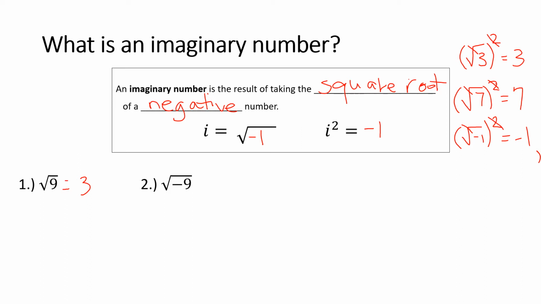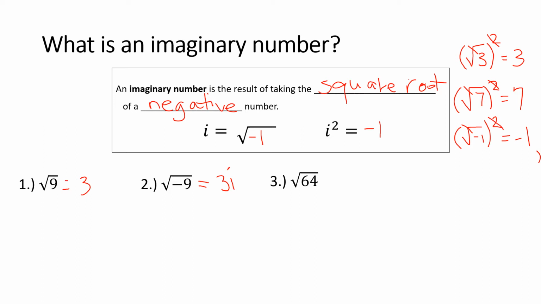It can't be -3 either because -3 squared is also +9. So here the square root of -9 would be an imaginary 3. We say 3i. There's no real number that you could square to get a negative, so we say it's an imaginary 3.